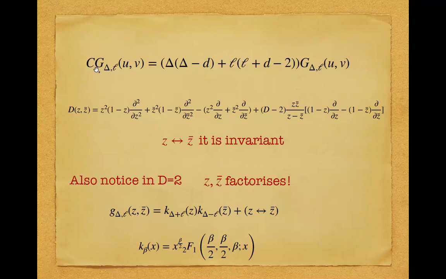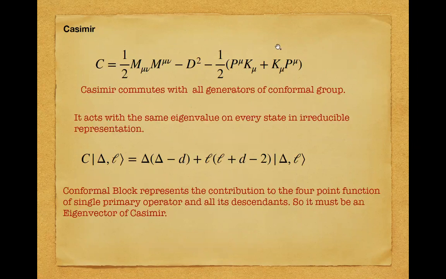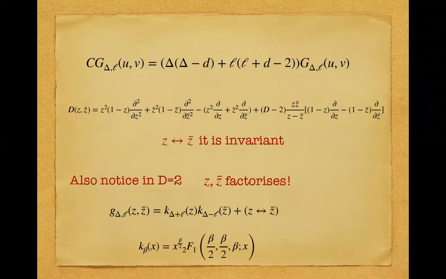Because the Casimir is written in terms of the generators, and you already know how these generators act on the operators, you can write down a differential equation in terms of z and z bar. This is nothing but another way to write the conformal cross ratios at 4-point level.